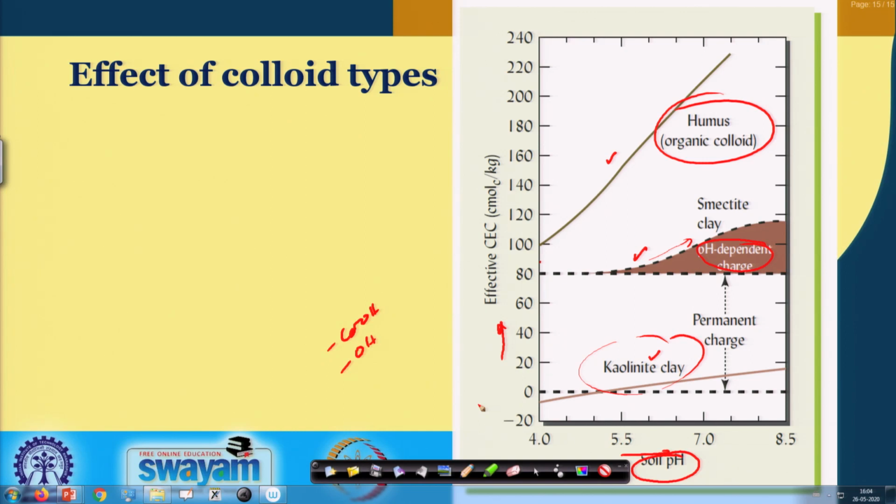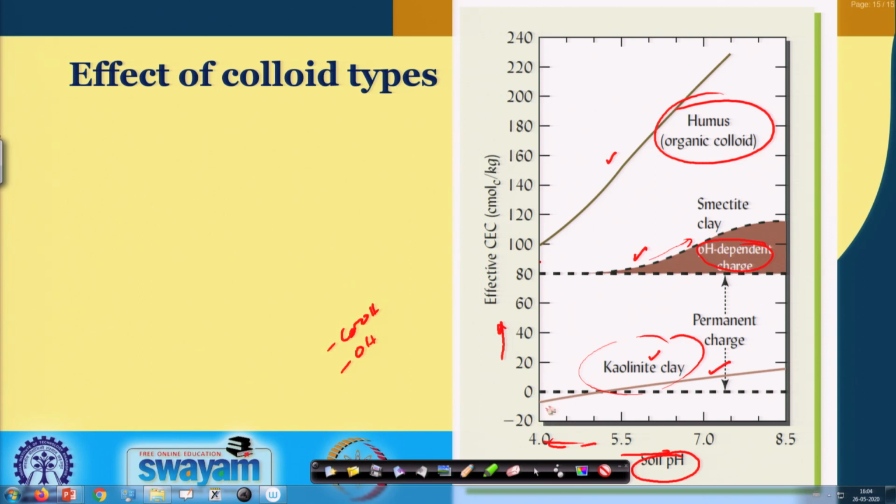Now, in the case of kaolinite, you can see they produce positive charge with the increase of pH, because they depend on pH dependent charge. However, when the pH is low, that means the soil is acidic, then you can see the effective CEC is somewhat negative.